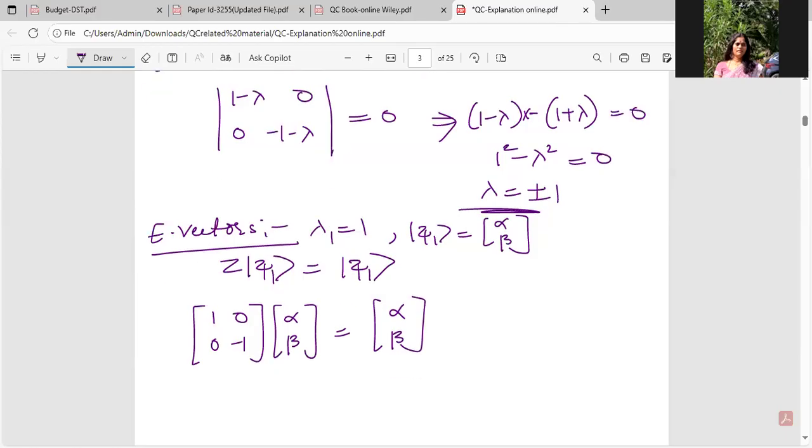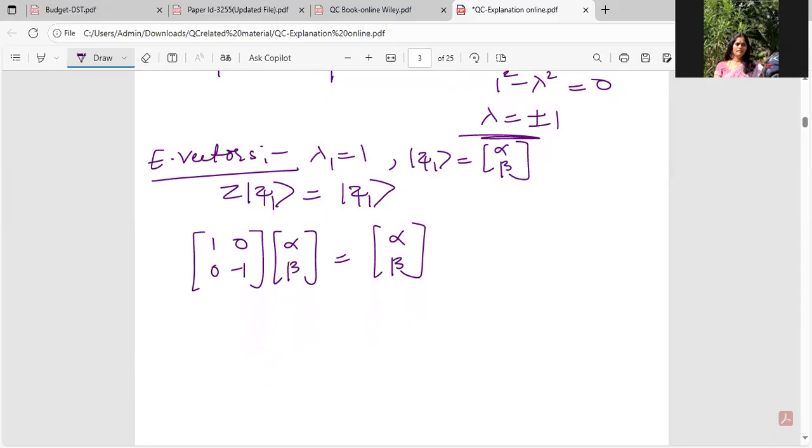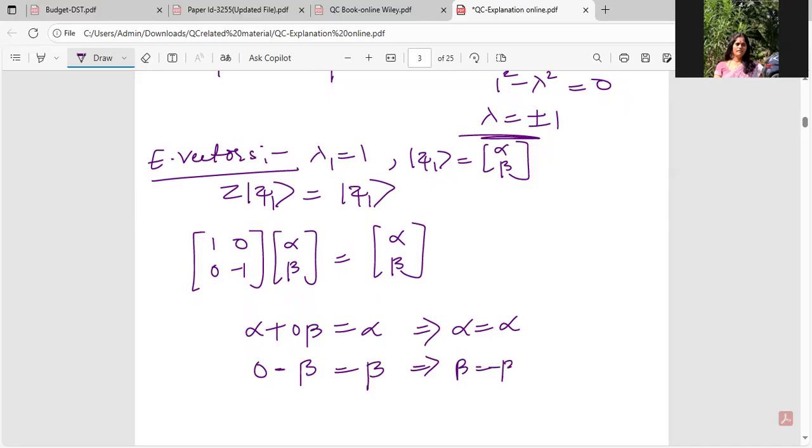Let me write it in equation format. Alpha plus 0 beta is equal to alpha. 0 minus beta is equal to beta. So I have alpha is equal to alpha and beta is equal to minus beta.